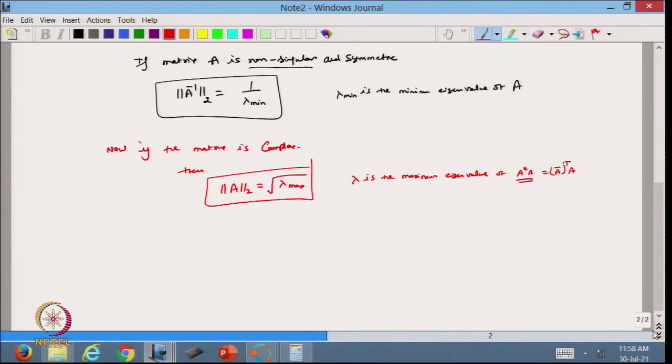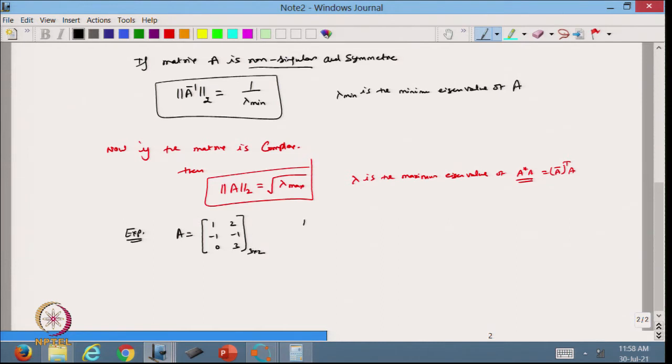Now, let us take one example. Suppose I take the matrix A as 1 2, minus 1 minus 1, 0 3. So, let us take this matrix, and this is a rectangular matrix, 3 cross 2.